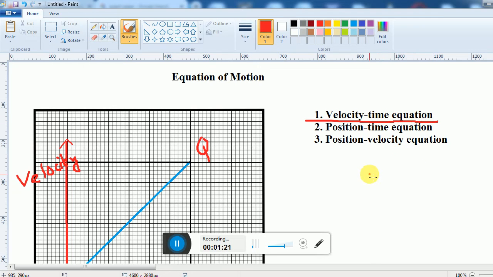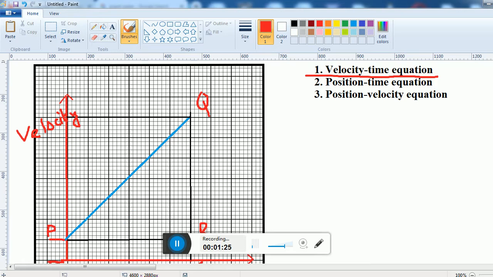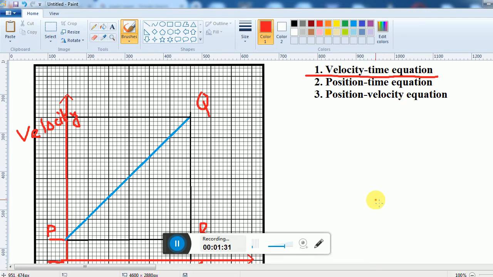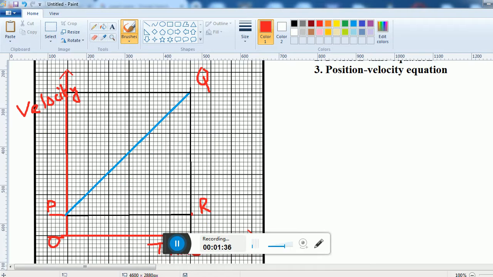First you have to know this graph clearly, then you can understand what is going on and how we can proceed from here.